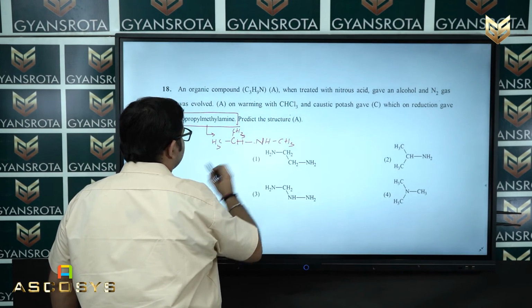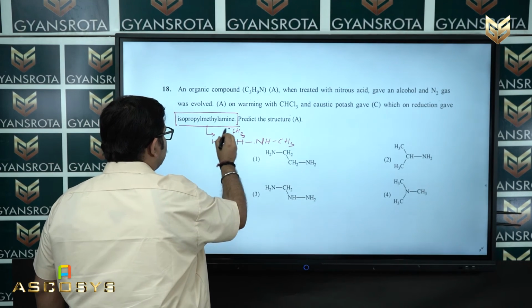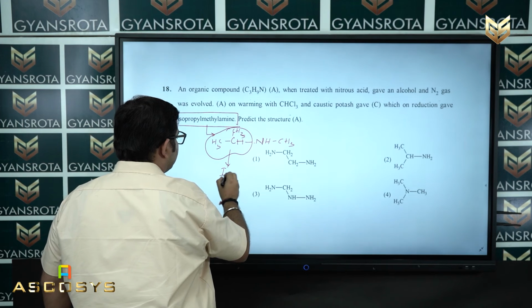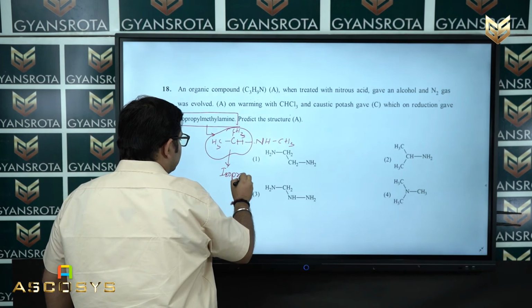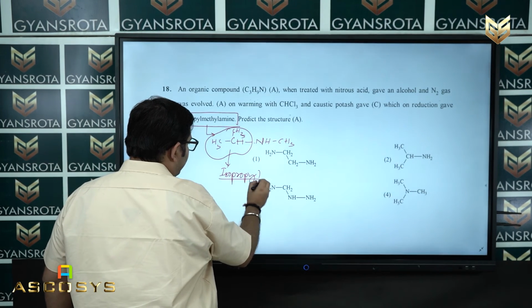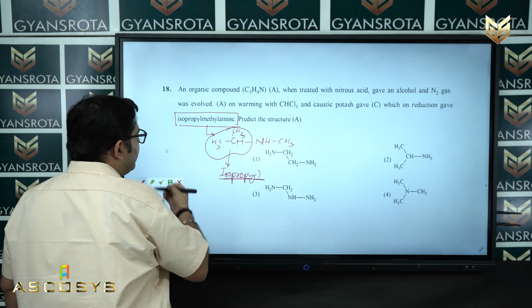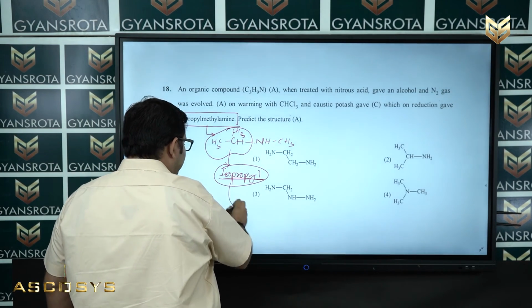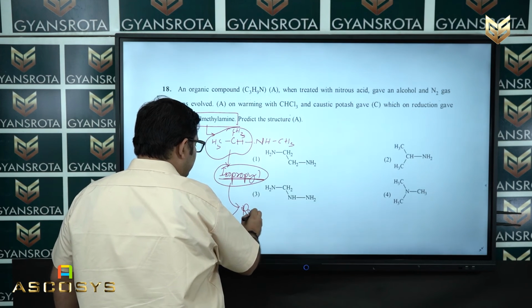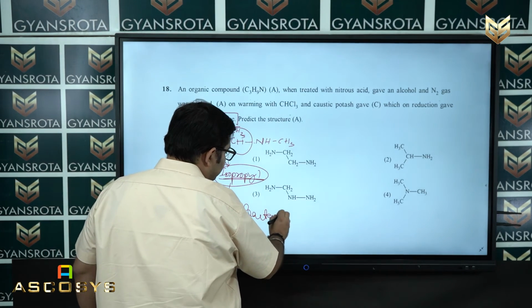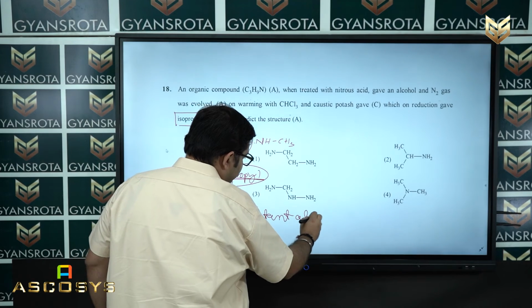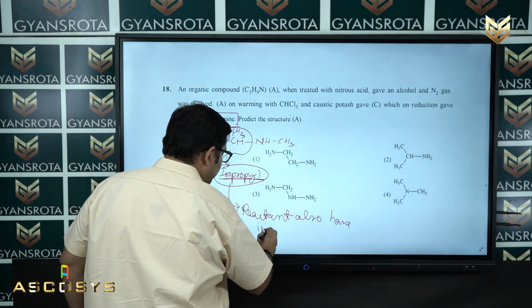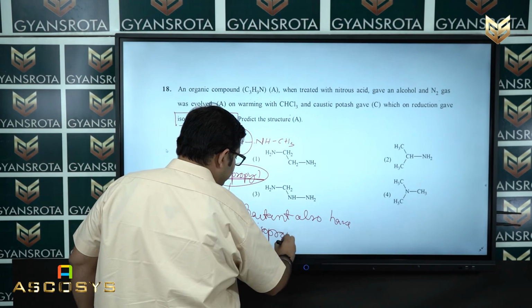Okay, 1, 2, 3, methylamine. Now, this group is known as the isopropyl group. If my product has this isopropyl group, then definitely my reactant also has the isopropyl group.